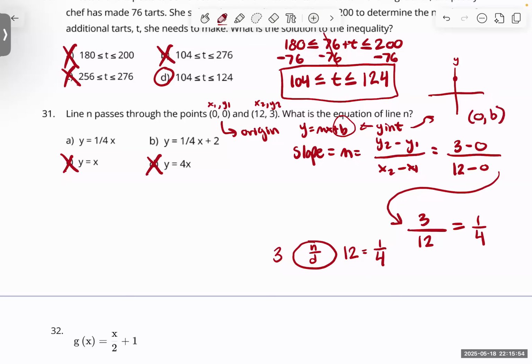Well, it actually already gives us our y-intercept. It's in the question. Our y-intercept is just 0. So it's going to be y equals 1/4 x plus 0, which is essentially, adding 0 to anything is just y equals 1/4 x.